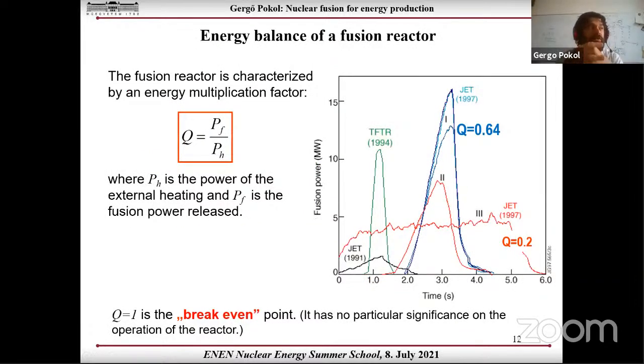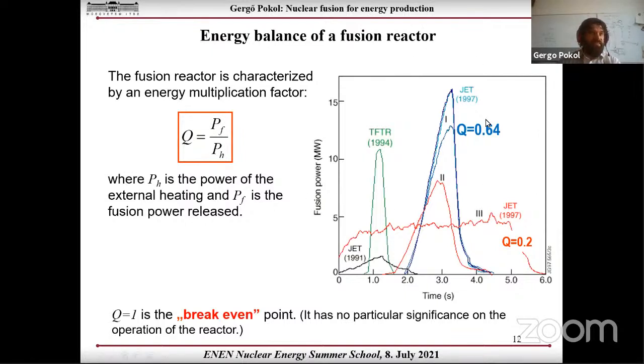But if we would like to characterize the functioning of the machine from the point of view of producing energy, we usually stick to this energy multiplication factor Q. And it's the fusion power divided by the external heating power put into the plasma.